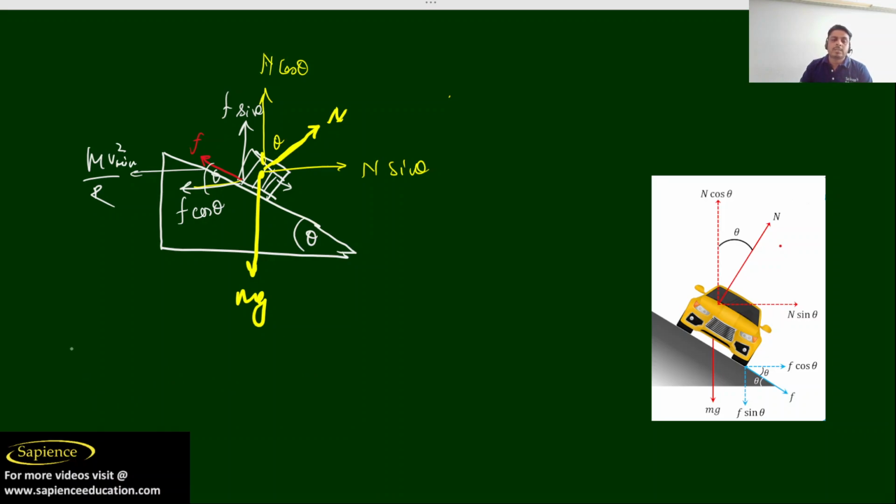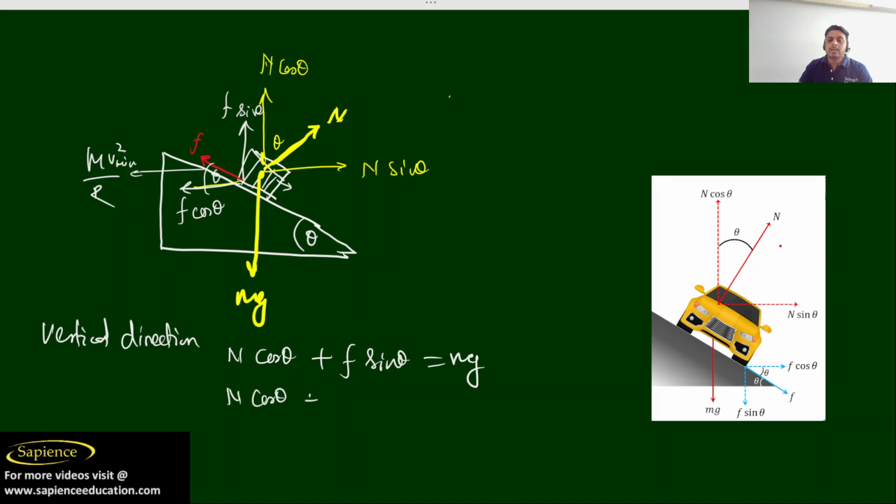The first equation is in the vertical direction. So in the vertical direction, N cos theta plus frictional force sin theta is equal to mg. Put the value: N cos theta plus mu N sin theta equal to mg.